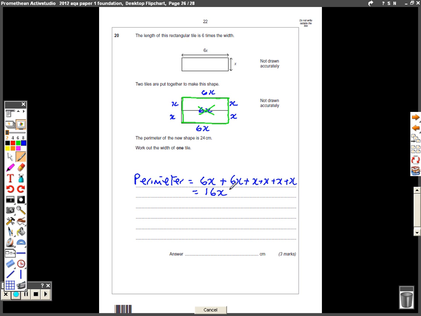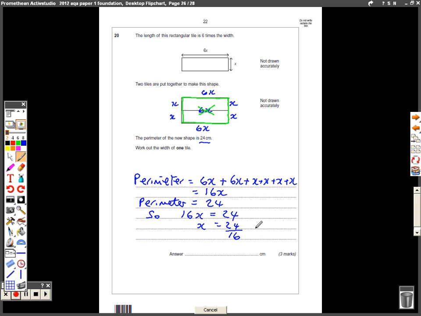But the perimeter is also, we know, 24. So we can now take our expression and the 24 and form an equation. So that means that 16x must equal 24. And the numbers don't look that nice, but this is 16 times x, so if I divide by 16 I can get rid of it, so it's going to be 24 divided by 16.